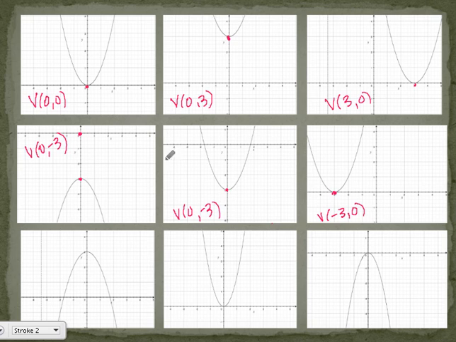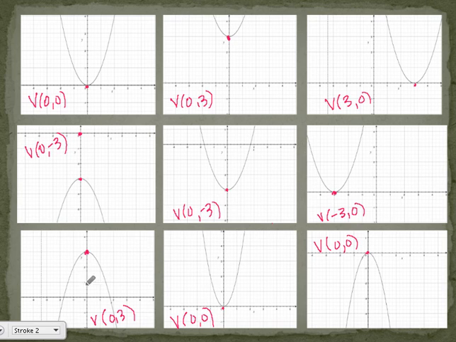Noticing that they're all very similar, the vertices are all very similar. In this case, the vertex is 0, 3. Over here, we have our vertex at the origin again. And right here, our vertex is again at the origin.